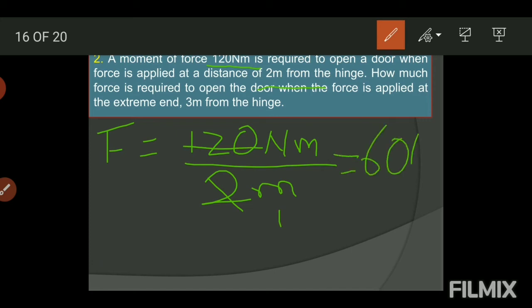So we get 60 Newton force. So when the force is applied from 2 meter of the hinge, you need 60 Newton force.